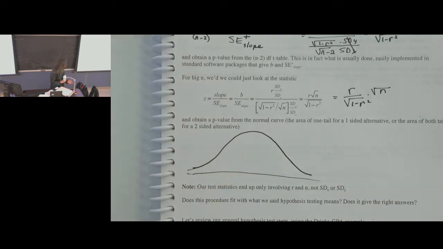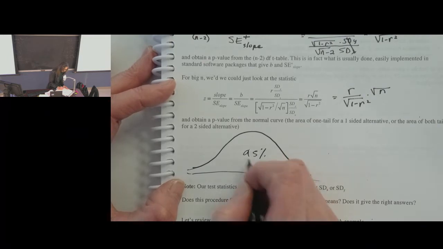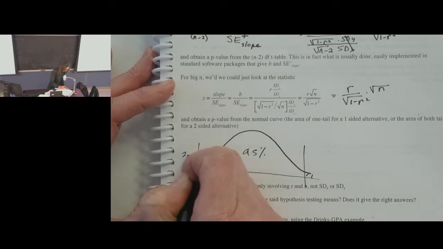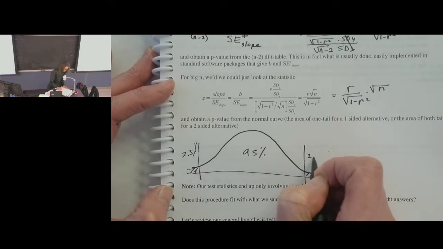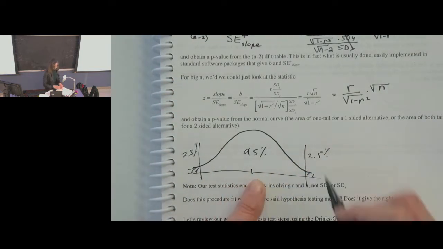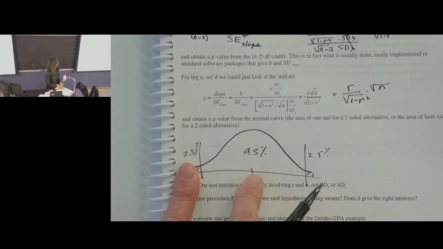And if we're doing a 95% confidence interval again, that would mean we'd have 2.5 and 2.5. And a 95% confidence interval, rejecting the null, is the same thing as not including 0 in our confidence interval.